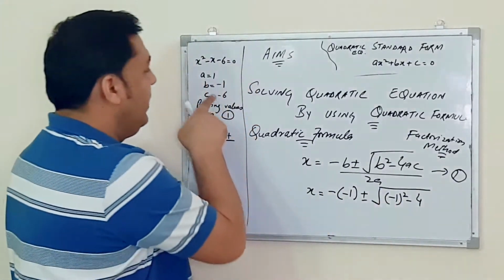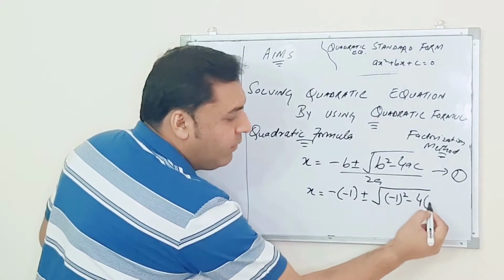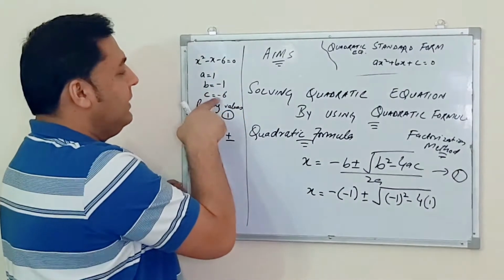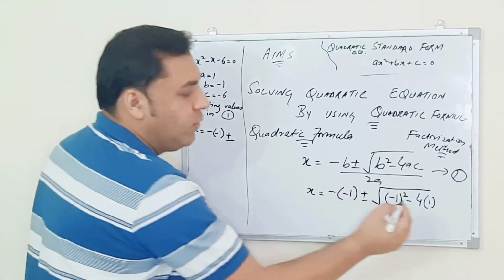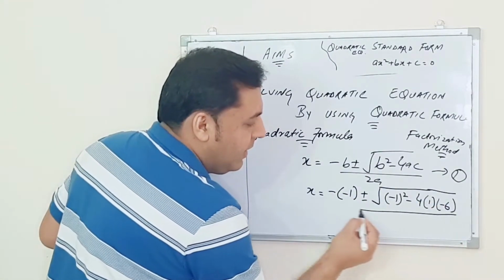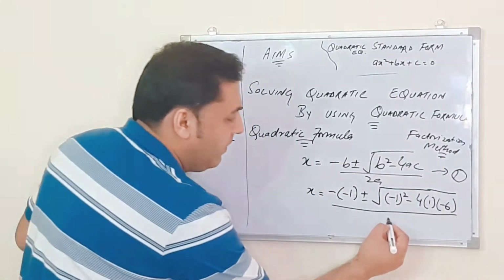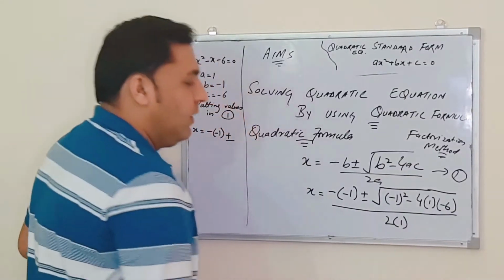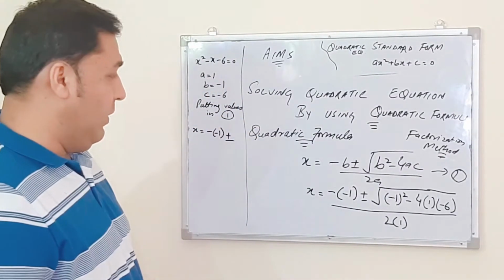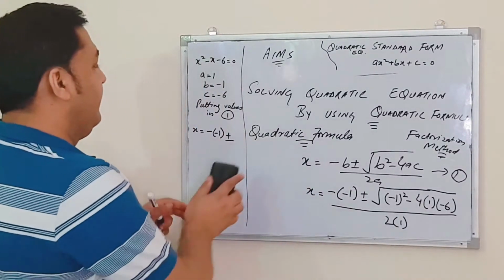Minus 4 into a, which is 1, and c is -6, so we put here -6, divided by 2a, 2 into 1. So we put the values of b, a and c.